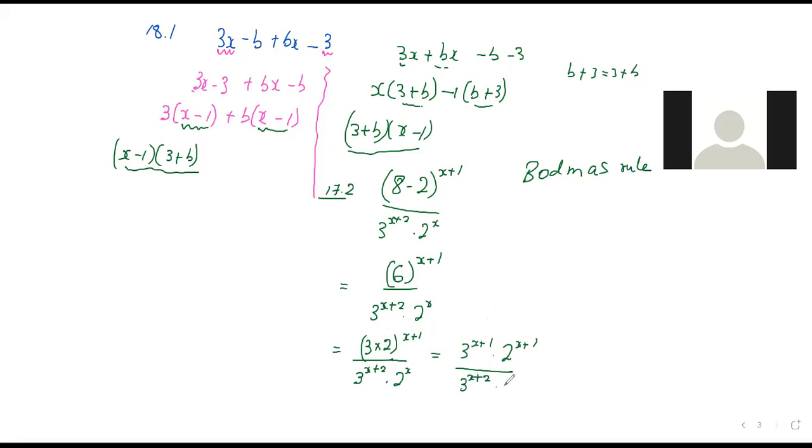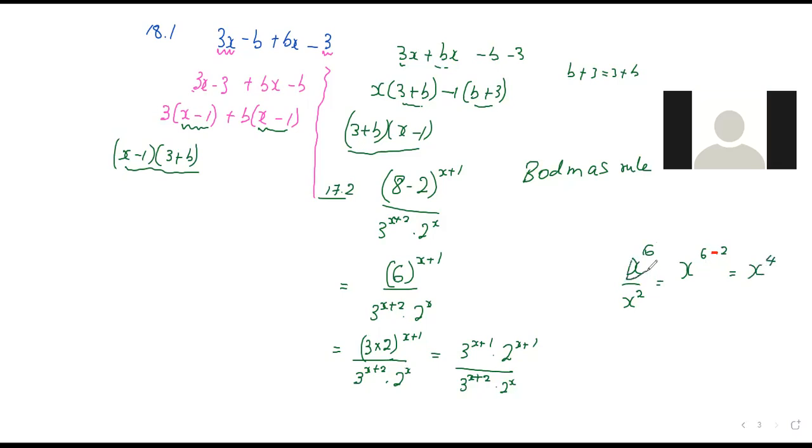Now, you know, if I have x to the power 6 divided by x to the power 2, this is x to the power 6 minus 2, and our answer will be x to the power 4.